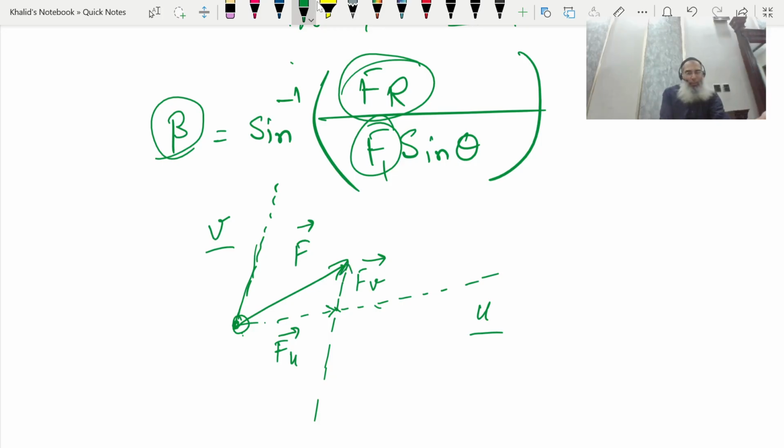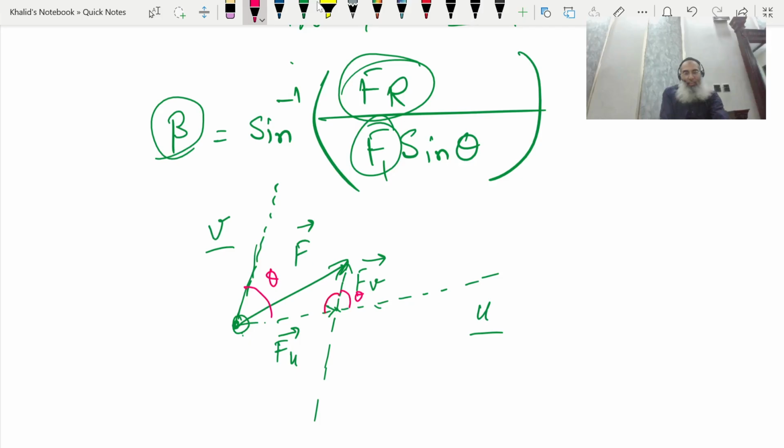So these are the two components. And the angle between the two axes is given. If that angle is, for example, theta, the same angle is here, theta.